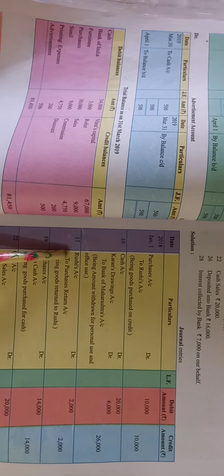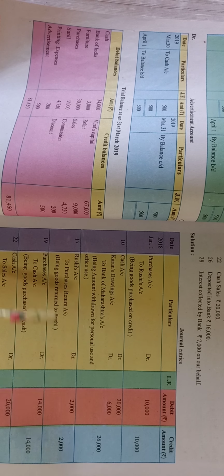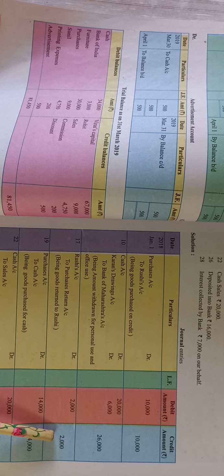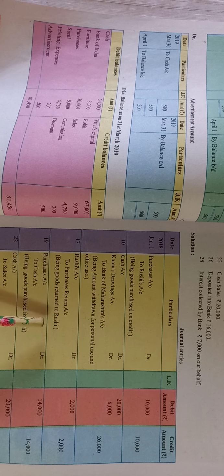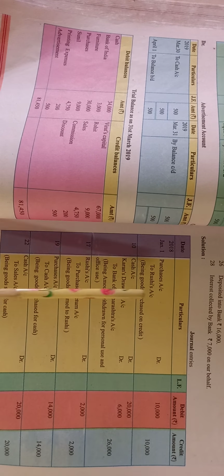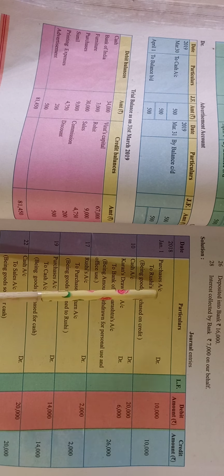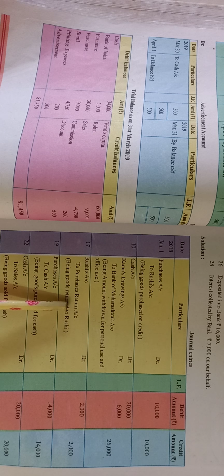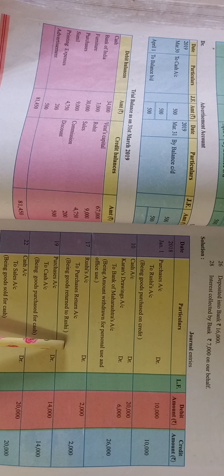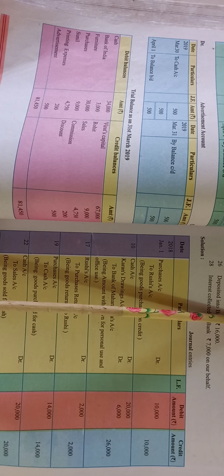So the entry is date 17, Rishi's account debit 2,000 to purchase return account credit 2,000, being goods returned to Rishi. We have to remember that the purchase account always has a debit balance and the purchase return account has a credit balance, just the opposite balance. After that, date 19, cash purchases rupees 14,000.